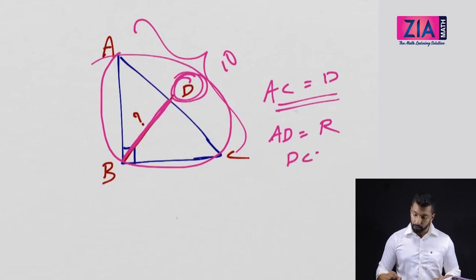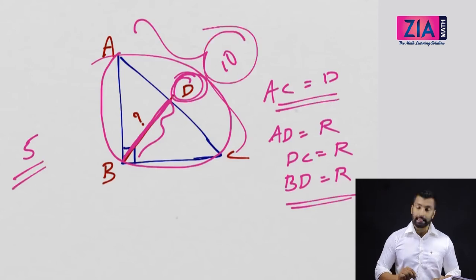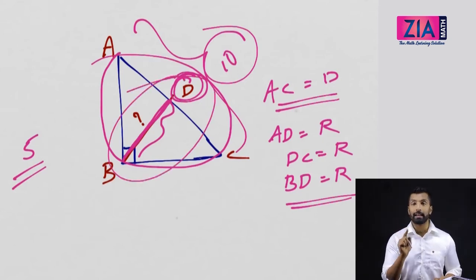Similarly, DC is also the radius. So BD is also the radius only. What is the length of BD? BD is 5. So if AC is 10, BD is actually 5. So the radius will be half of the hypotenuse. That is the property. Here BD is nothing but the radius itself.